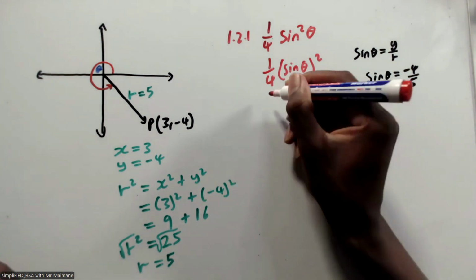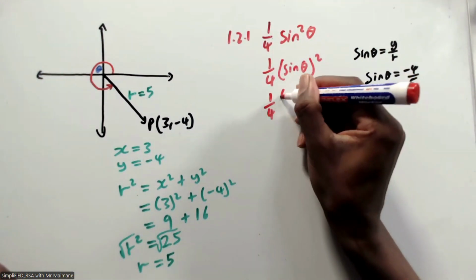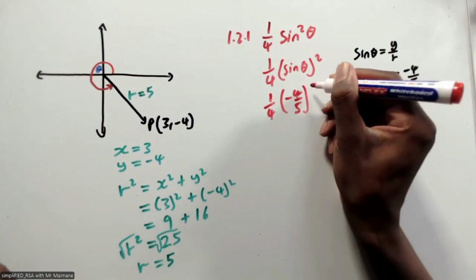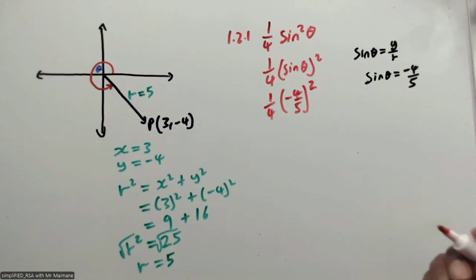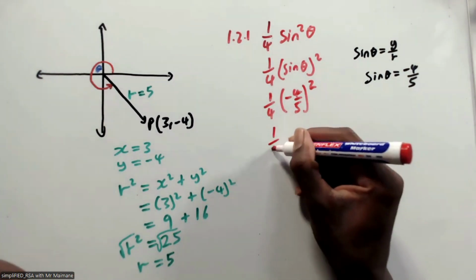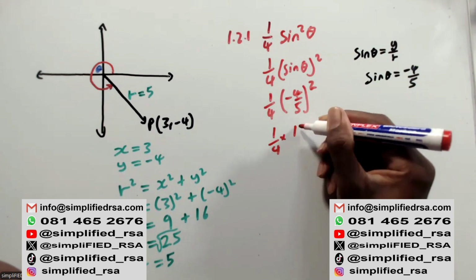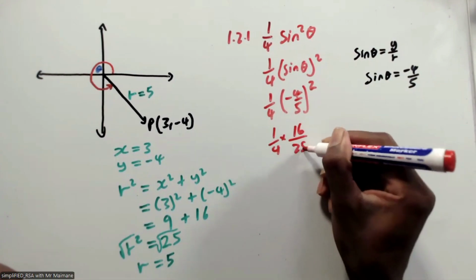So this is my value for sine theta. So then I will say 1 over 4 times minus 4 over 5 squared. Therefore, if I simplify this, I will have 1 over 4 times minus 4 squared, which is 16 over 25.